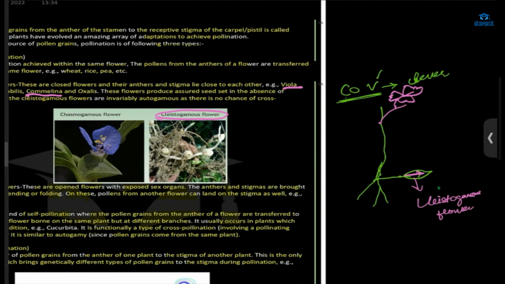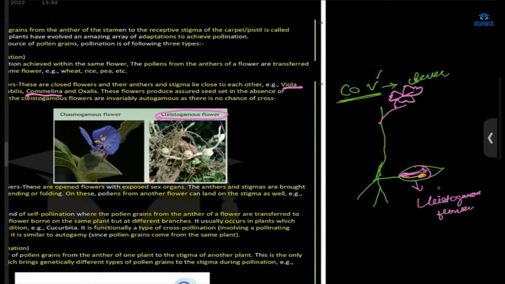The flowers will lie close to each other, so there won't be any chance of cross pollination. If the anther and stigma are lying close to each other, what will happen? Because this is closed, here we have the bud type. The bud is closed, and here we have stigma, ovary, and this one anther.